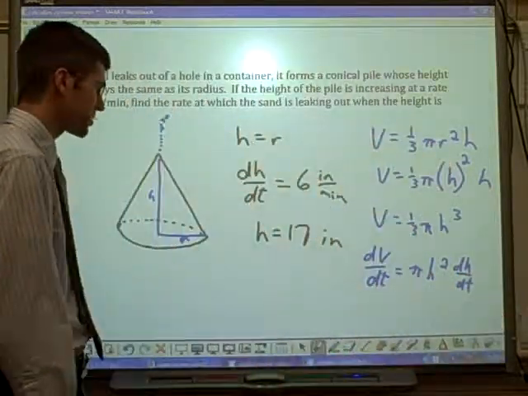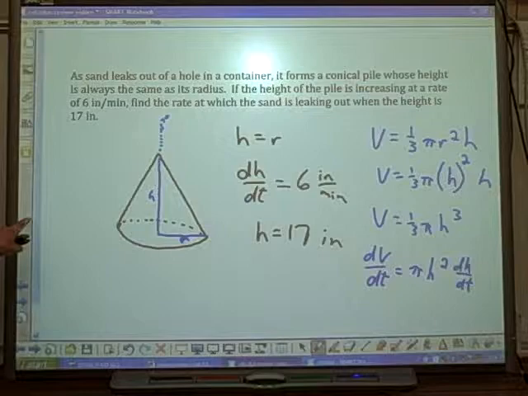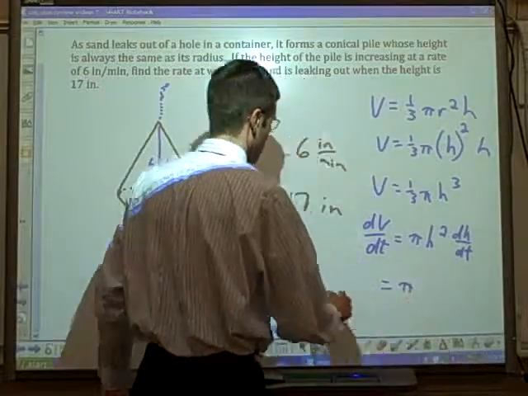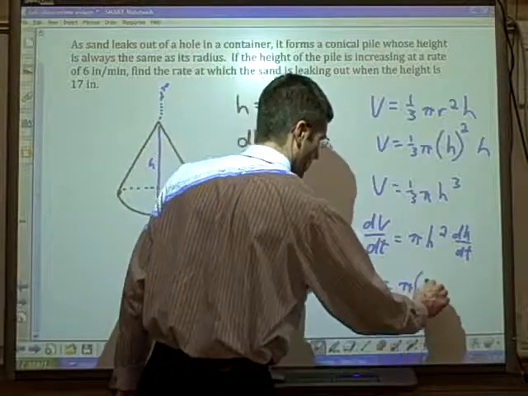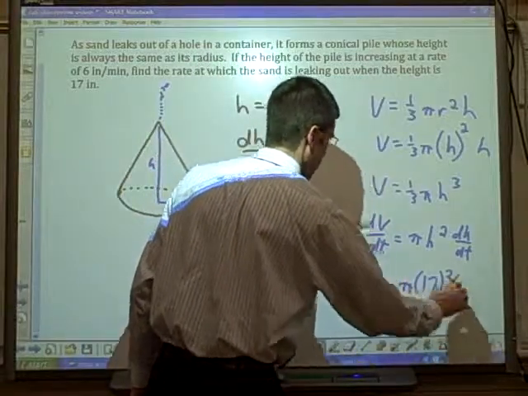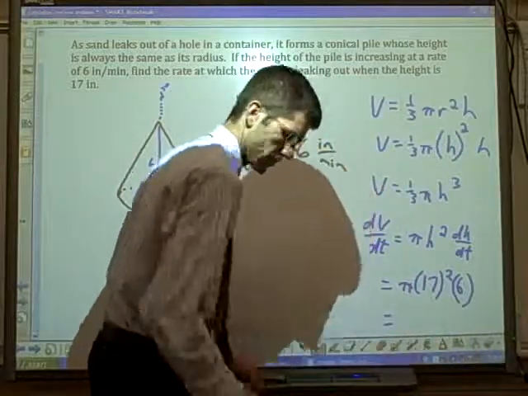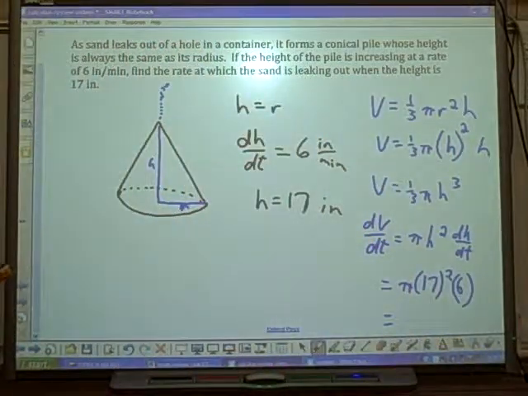And now we can just plug some stuff in. This is going to be very easy. Pi times h squared, 17 squared, times 6. Okay, pi times 17 squared times 6.